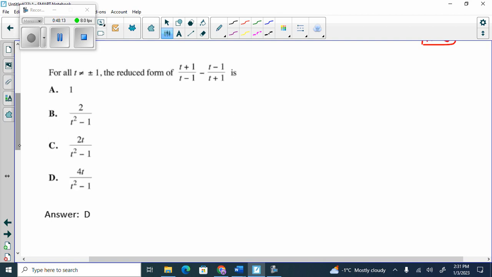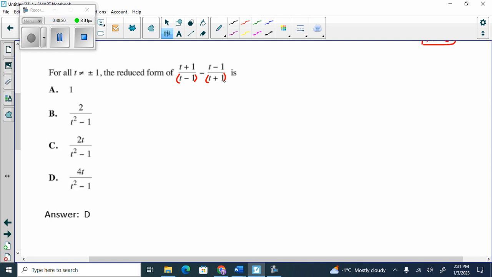All right. So here we have t plus 1 over t minus 1 minus t minus 1 over t plus 1. Now I see these are binomial denominators, and binomial denominators cannot be made the same, so you end up just multiplying by each other.